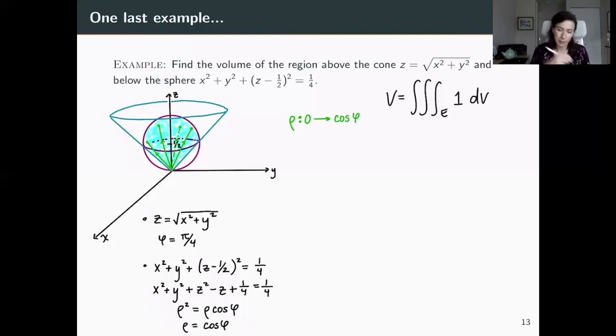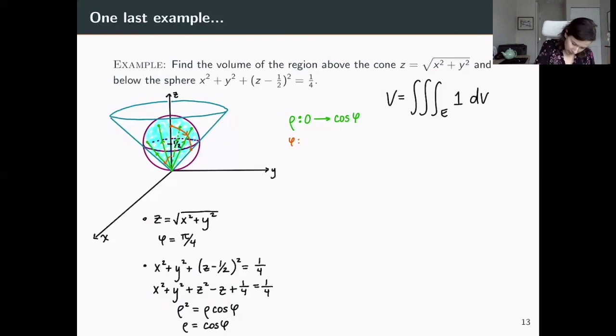cos of phi. We can do the same thing for our angle phi, which once again is the angle from the z-axis to wherever we're stopping. Here is where our phis are ranging.